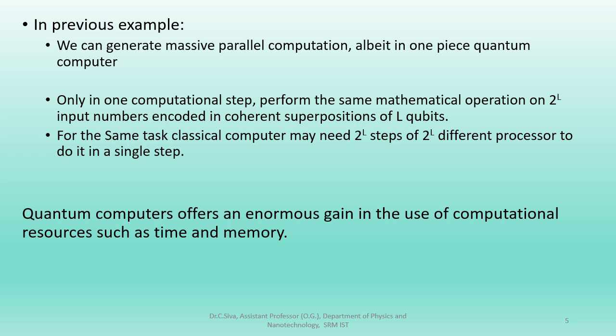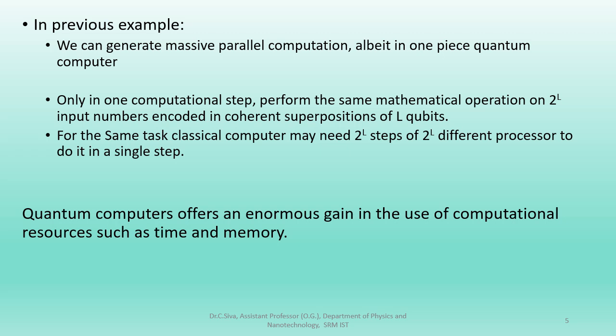Quantum parallelism and computational advantage. In a classical system, performing a calculation on 2 to the power L inputs may require 2 to the power L steps or 2 to the power L processors to complete simultaneously.